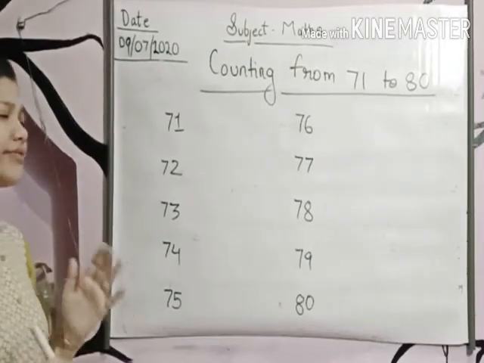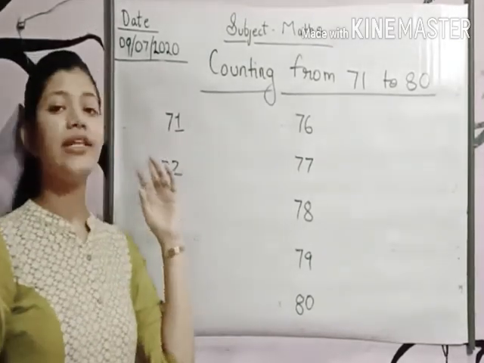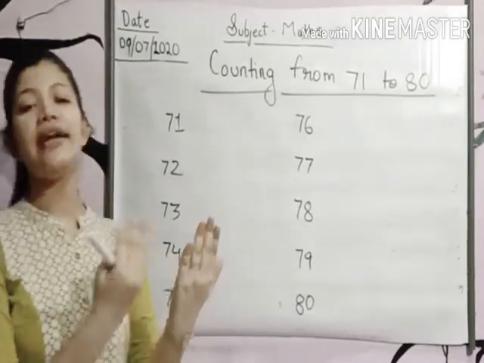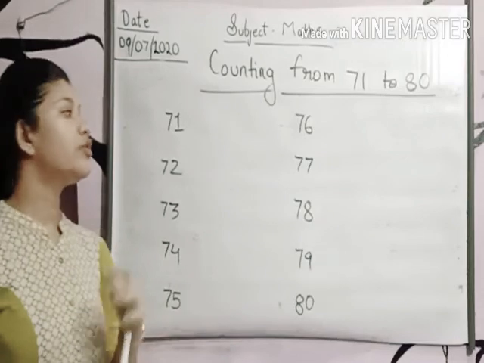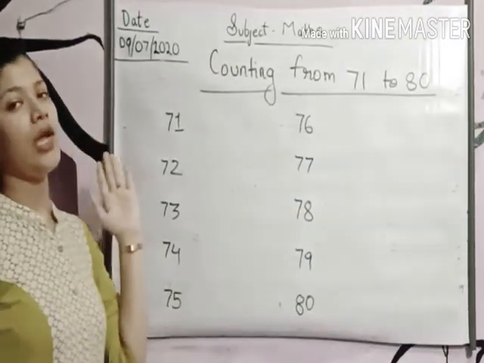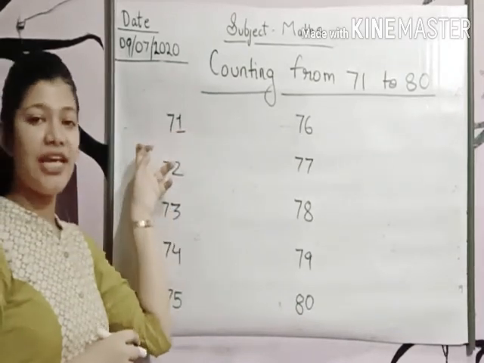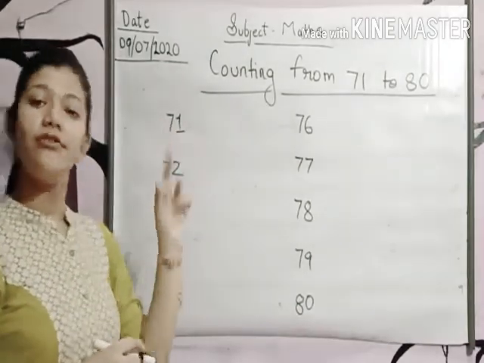As we all know, when it is a 2-digit number, the digits are placed at the ones place and tens place. We will follow the same formula here. 7 will be placed at the tens place and 1 will be placed at the ones place.